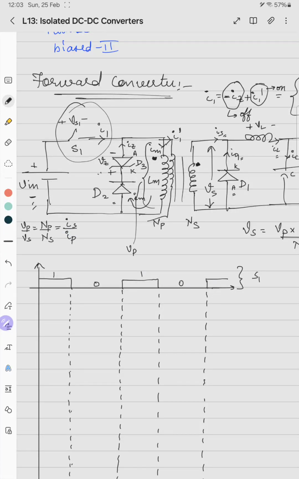So the secondary current referred to the primary will be Is dash, which will be Is into Np by Ns. This is the I1 dash current. Basically you have to transform the secondary current to the primary. Or I think the reverse relation holds.